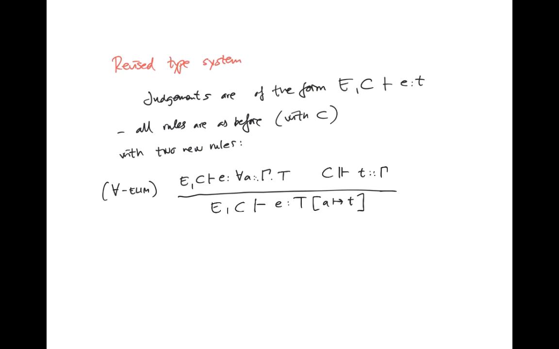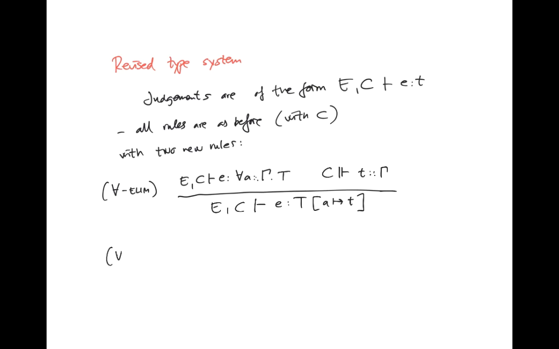So this is a new version of the specialization rule that we saw in the parametric polymorphic type system. Here we are simply relativizing our quantification to a collection of type classes.